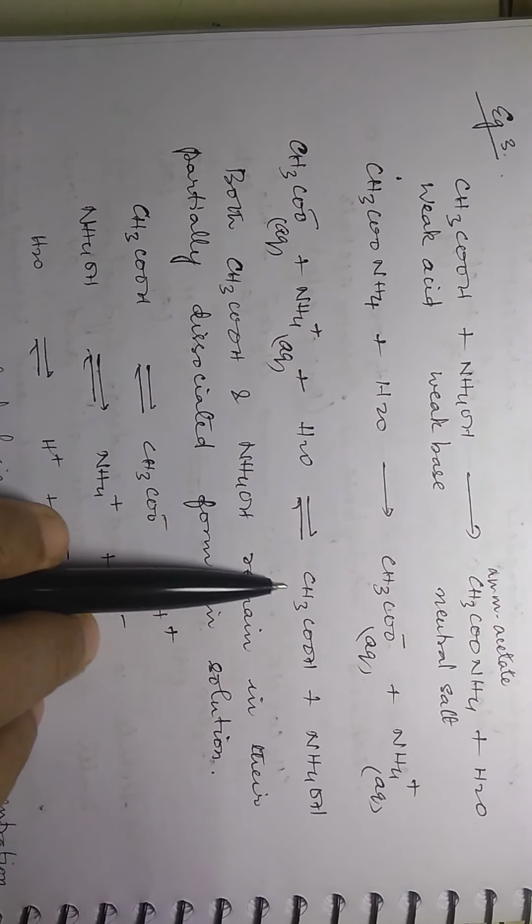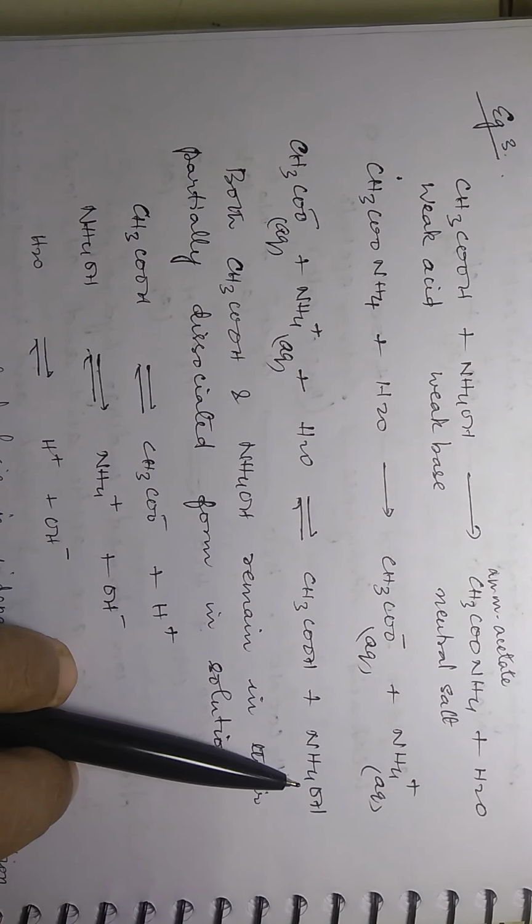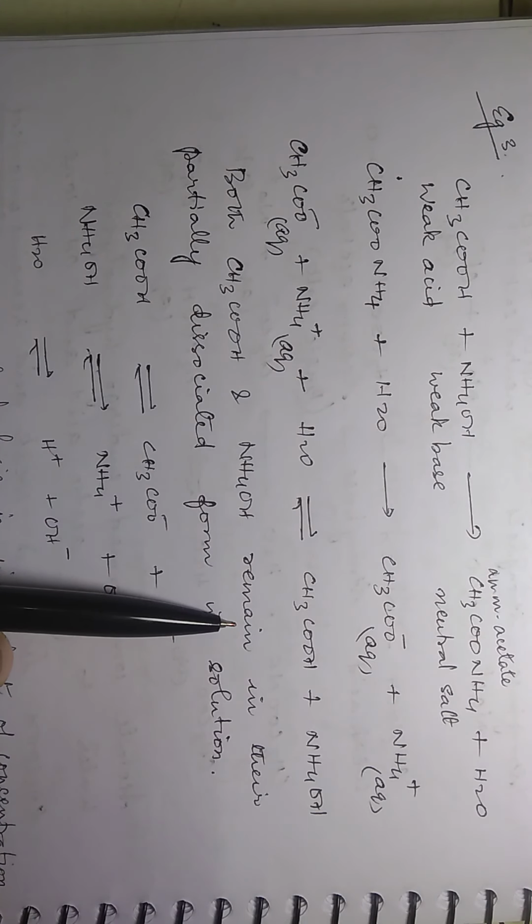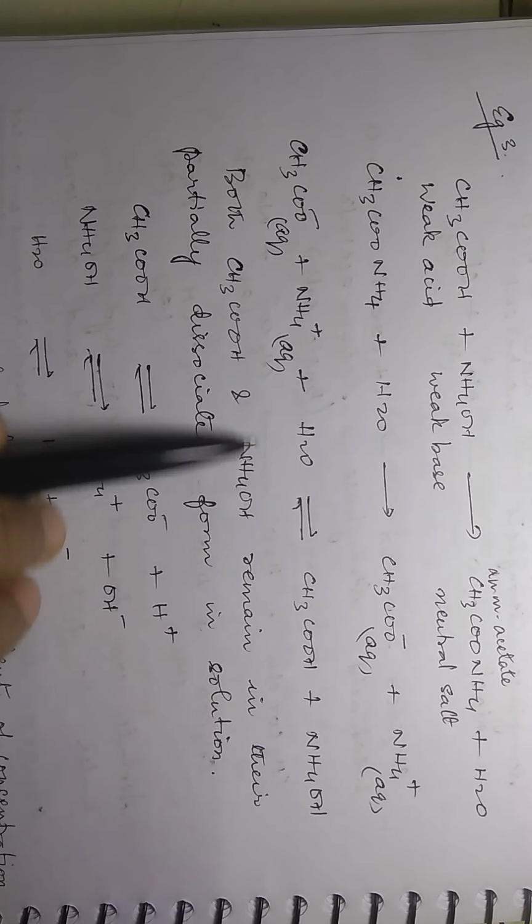Okay, weak electrolytes की ionization partial होती है या बहुत कम होती है. Okay, now both this acetic acid and NH4OH will remain in the solution in the partially dissociated form.